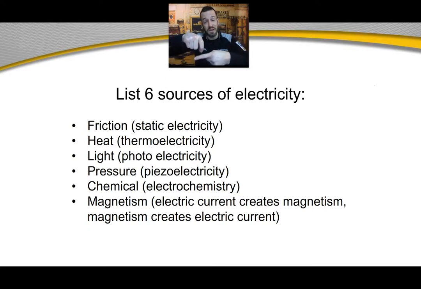Now that magnetic field and this magnetic field, what happens when like poles, north pole and north pole, they're going to push away from each other, right? And all of a sudden they start moving. That's basically how a generator or a motor works, okay?